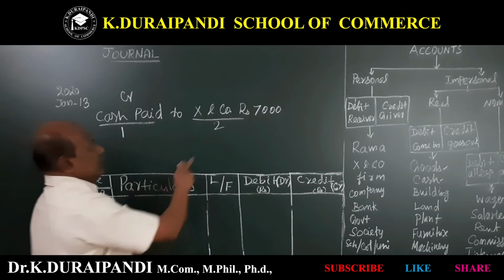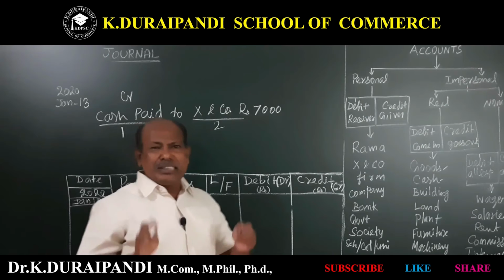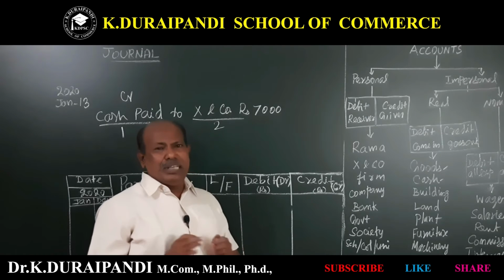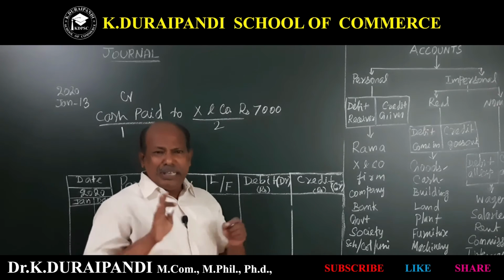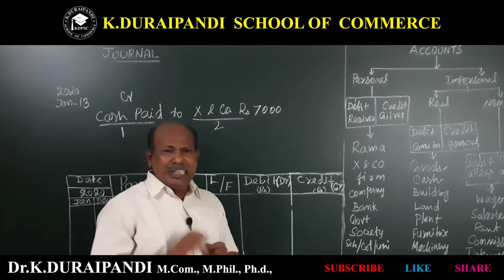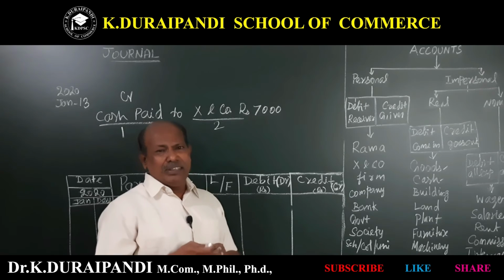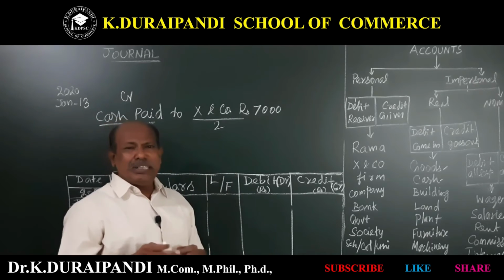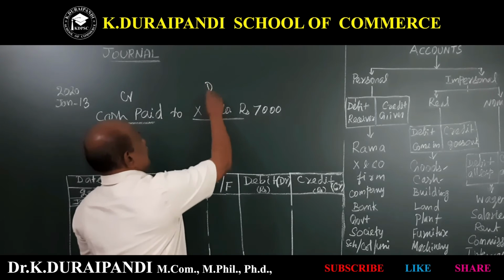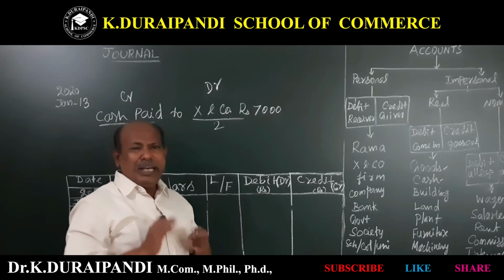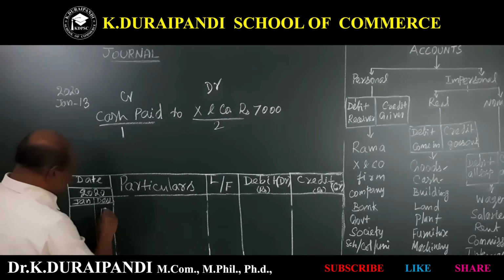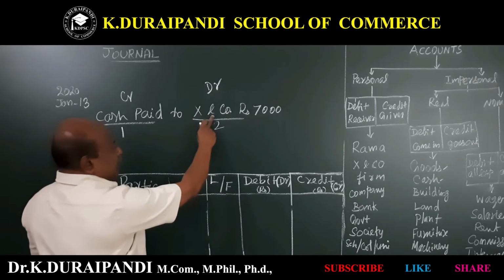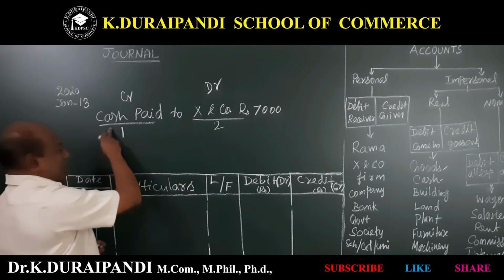It should be credited. Then X and Co. It is an artificial person, a personal account. In the personal account, debit the receiver, credit the giver. Here X and Co is the receiver of our cash. So debit the receiver. X and Co should be debited. So write a journal, January 13, first write the debit aspect, then the credit aspect.